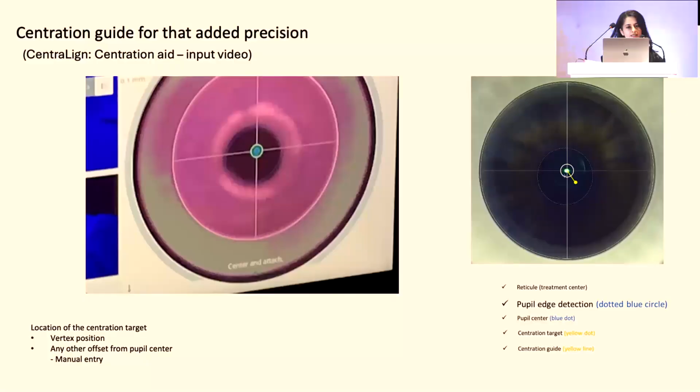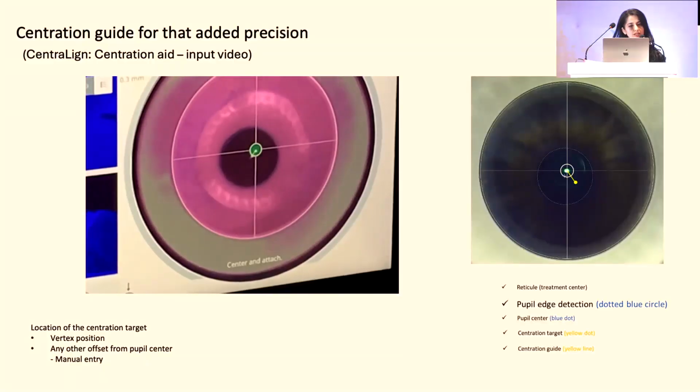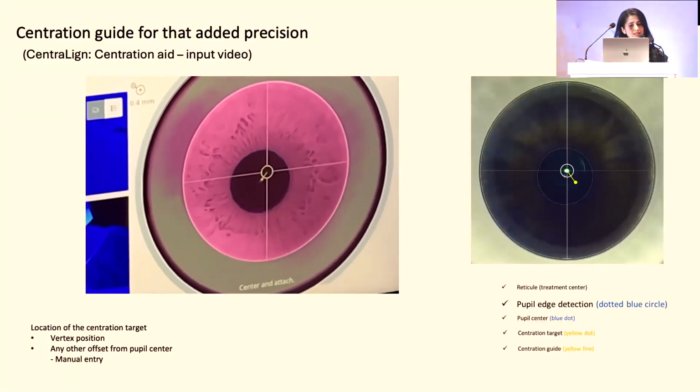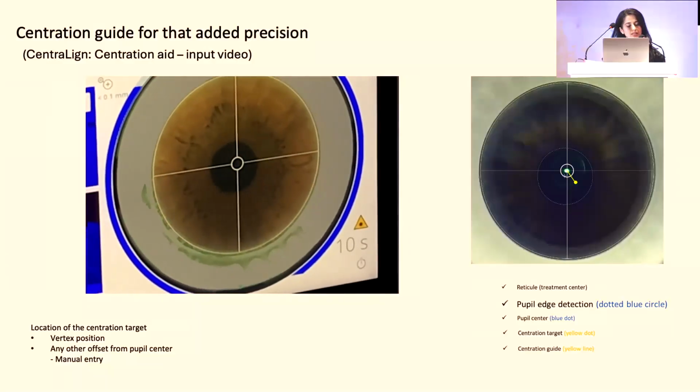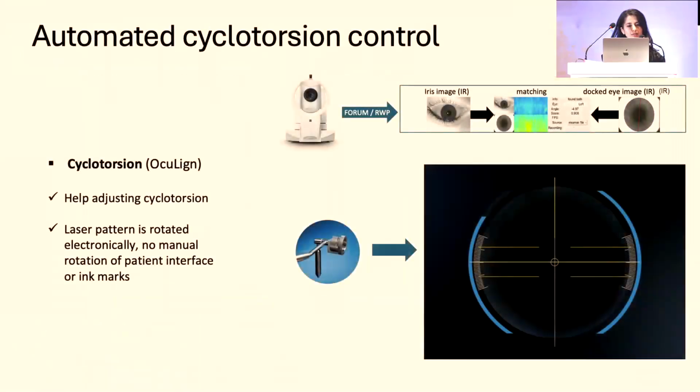This is a little video of how we do the centration alignment. So you have your visual axis X and Y inputs into the 800, and during your docking, you have the blue dot guiding you as to where the corneal vertex is. And subsequently, you can also now have automated cyclotorsion control with input from the AIOS 700.